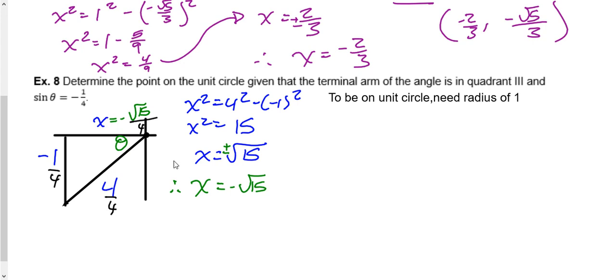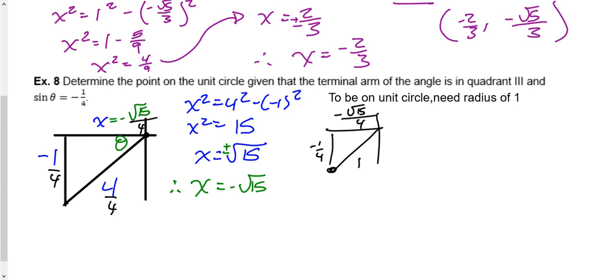Okay, so if I divide everything by 4, if I want to sketch out a new triangle, I'd have something that looks something like this. Negative 1/4, 1 goes right here, and negative root 15, all of that divided by 4. So that's going to be my new coordinates, basically. So what's the point?